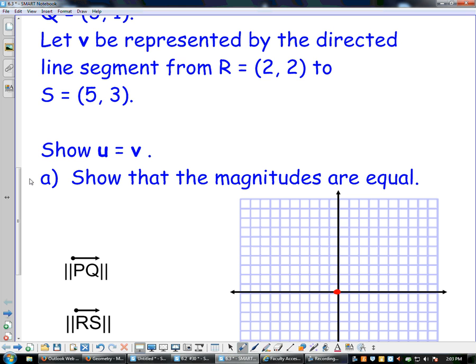This is vector PQ. And we want vector RS, which goes from 2, 2 to 5, 3. So this is from R to S.